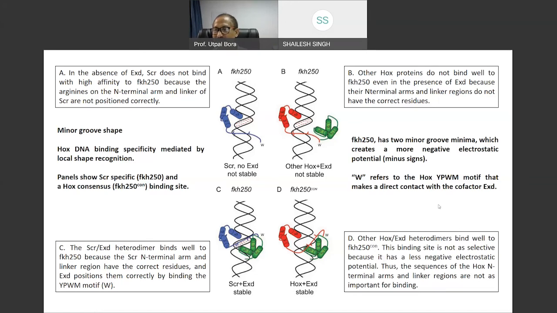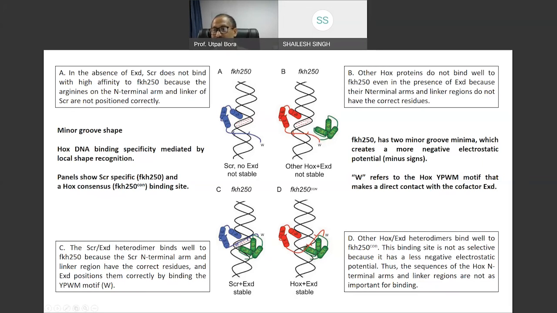Now, in the fourth case, what is happening? The other Hox EXD heterodimers bind well to FKH 250 consensus. Okay, here you don't have any negative charge, but this FKH 250 consensus is there.